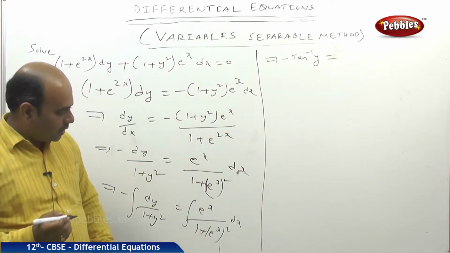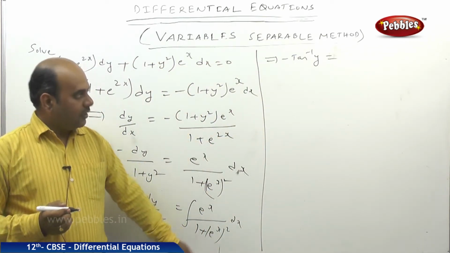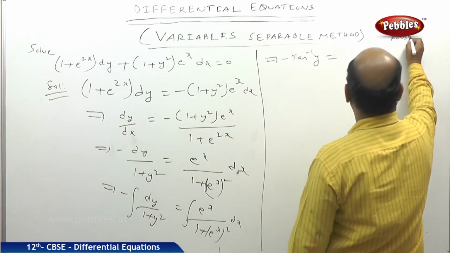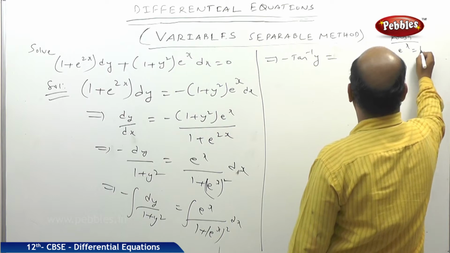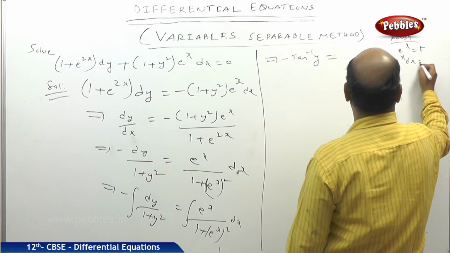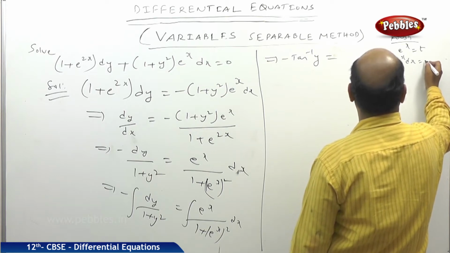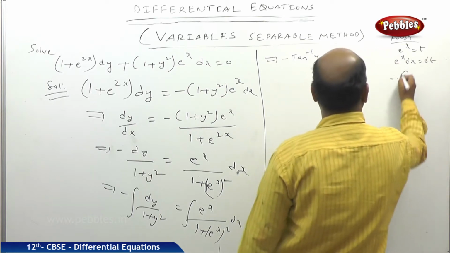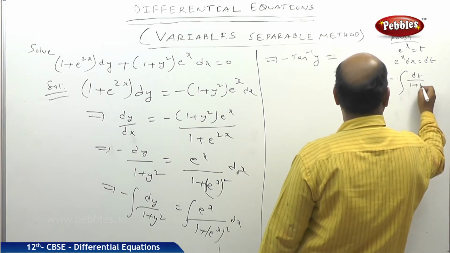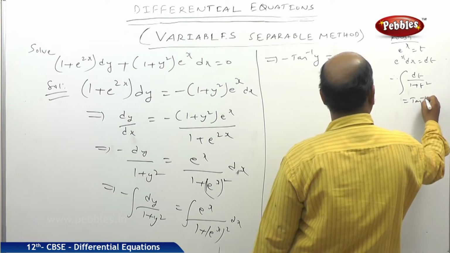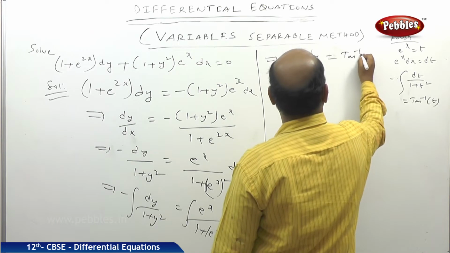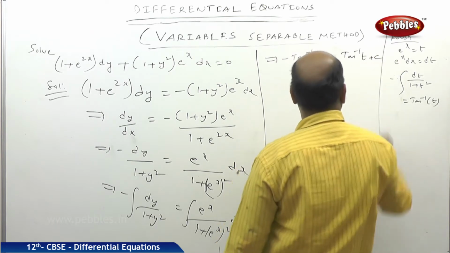And here also if you observe carefully, if I put e^x equal to t, here in rough I am doing, e^x equal to t means, if I differentiate, I will get e^x dx is equal to dt. So our integral will turn to what? dt divided by 1 + t², that is nothing but tan inverse of t. So that implies tan inverse of t plus c.